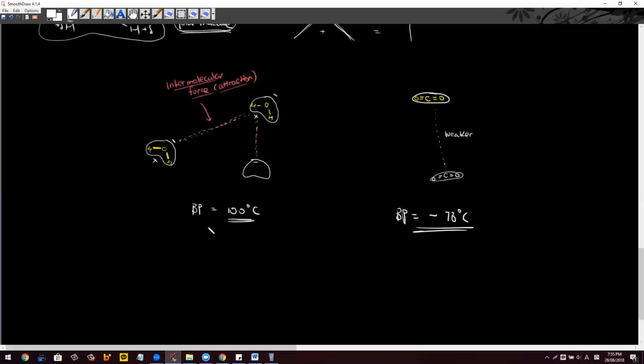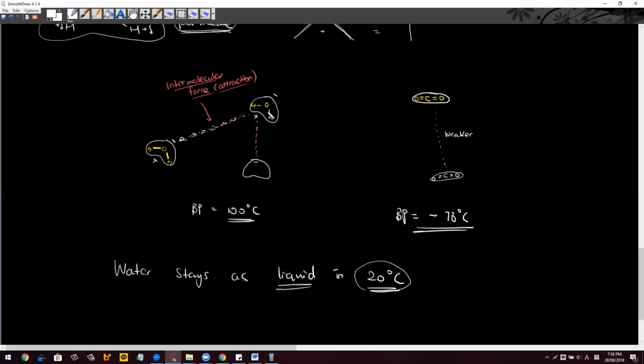So here's the thing: why does water stay as liquid at 20 degrees Celsius, for example? The reason is because of the intermolecular force between water molecules.